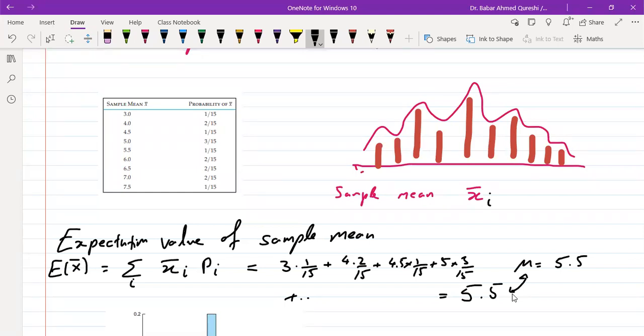Since you get a different value every time, you still want to make some statement. Since it's a random variable, what you want to know is how this hopping is happening, how it gives different values at different times. Given that I get a different value every time, what can I say?